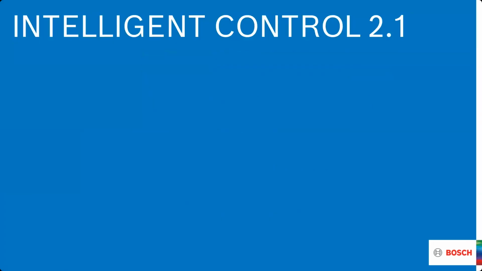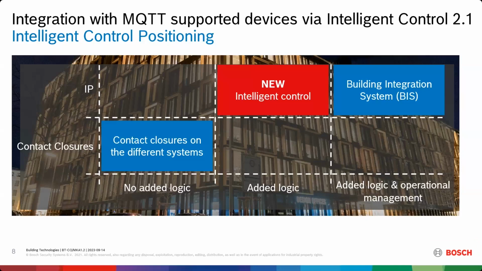Okay. So intelligent control, what is it? As you see here on the next slide, there are actually multiple levels of integration. So one level is very, very basic, which is not very intelligent and not based on communication protocols. It's just the closure of contacts between systems.